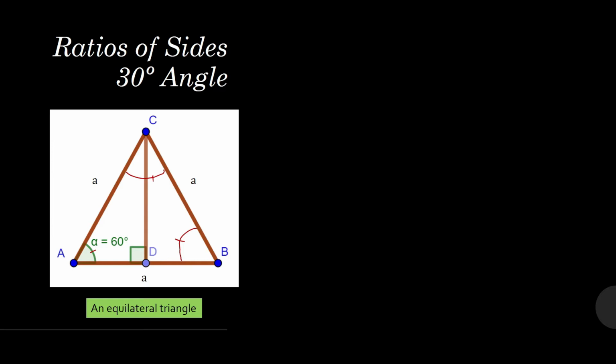We shall draw an angle bisector through angle C. We did this because we want to produce a 30-degree angle. So that is now 30 degrees. And since this is an equilateral triangle, that angle bisector CD is also perpendicular to the opposite side.